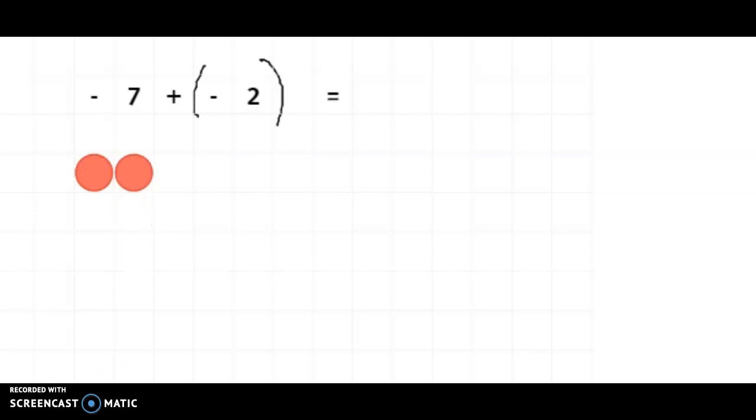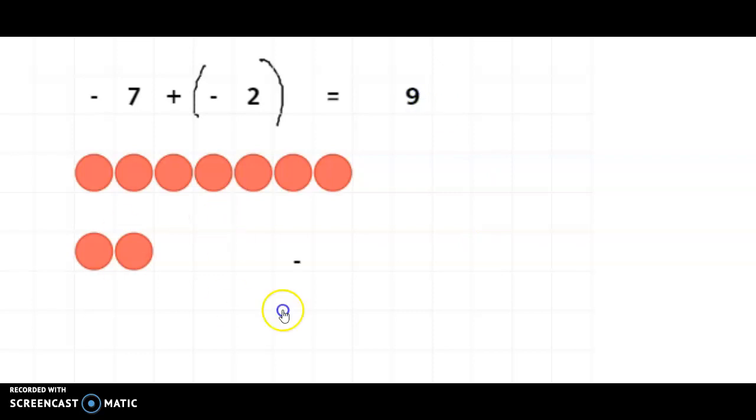We have 1, 2, 3, 4, 5, 6, and 7. And then we add to it 2 more negatives. In this case, nothing will cancel out because we don't have any opposites. We have all negative integers. So when I look at what is displayed, I end up with 9 counters. They are all negative counters, so my answer is negative 9. Add 7 and 2 and keep the sign.